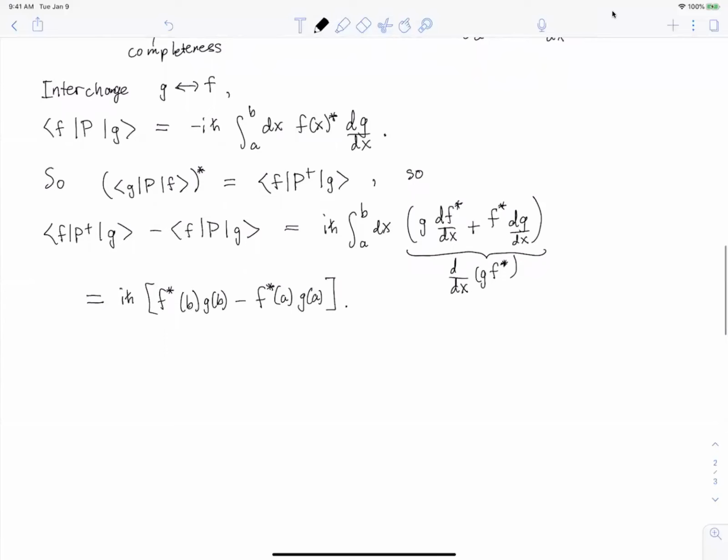Okay, so what can we impose? For P to be Hermitian, which is what we want, this must vanish. And there are several ways we can do that, but they all involve restricting the allowed wave functions.